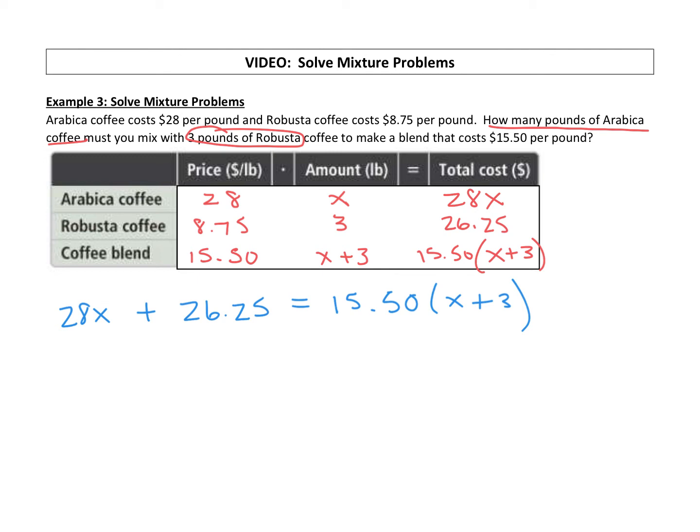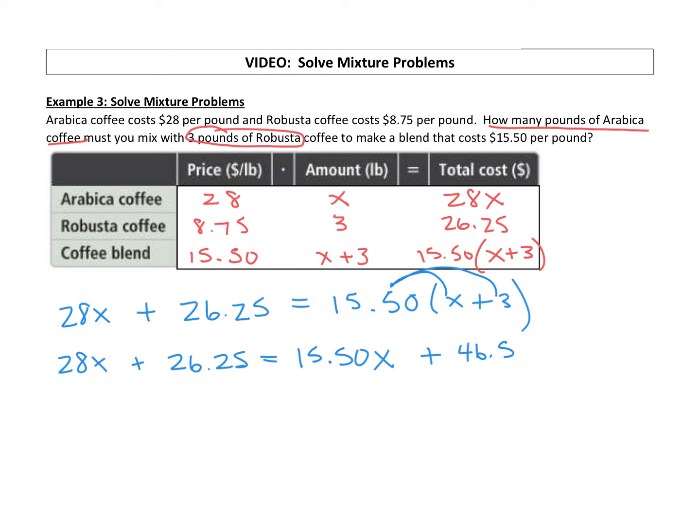So to solve this, the left side looks good. We don't have any distributing, no like terms to combine. Over here, we are going to do some distributing. So I'm going to carry down the 28x plus 26.25 equals, and we're going to distribute: 15.50 times x is 15.50x, and 15.50 times a positive 3 is positive 46.5. All right, solve the equation.